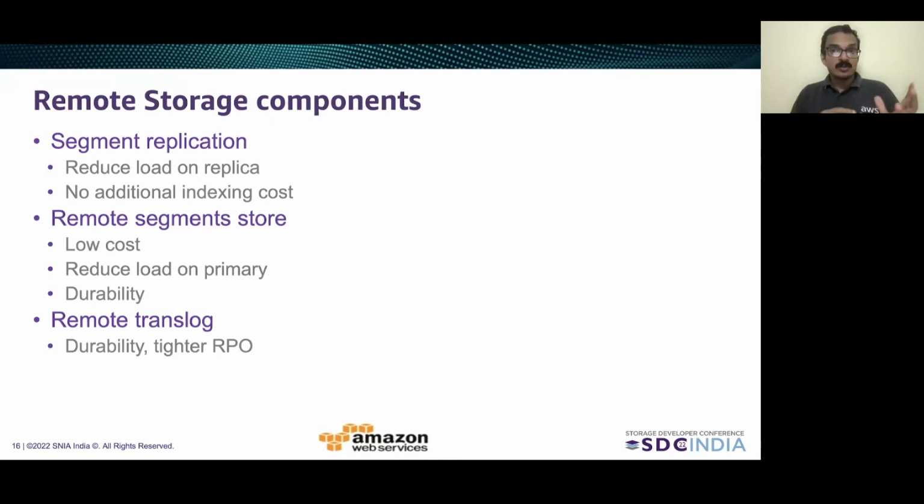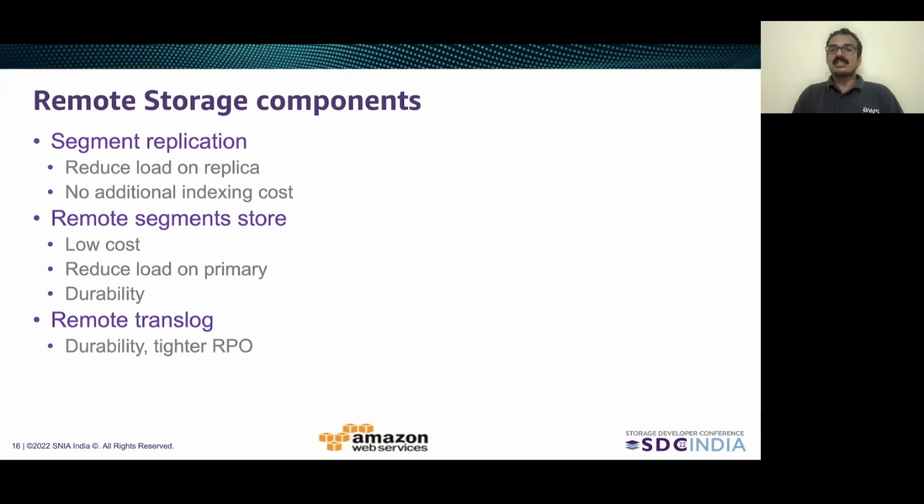It reduces the load on the primary because the primary doesn't have to copy the data into multiple replica nodes. It can just copy it once. Better durability is another advantage of the remote segment store. You can just rely on the remote store's durability guarantees. There are multiple remote storage options today, which give multiple nines of durability.